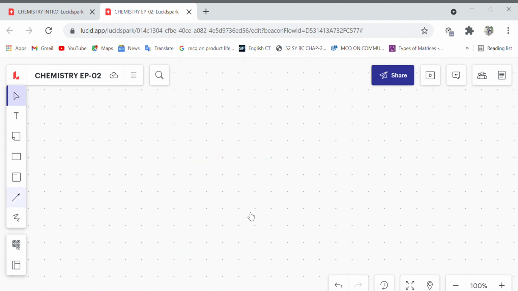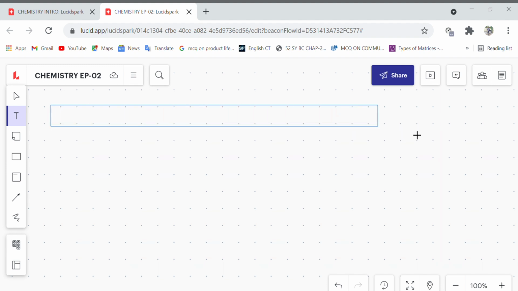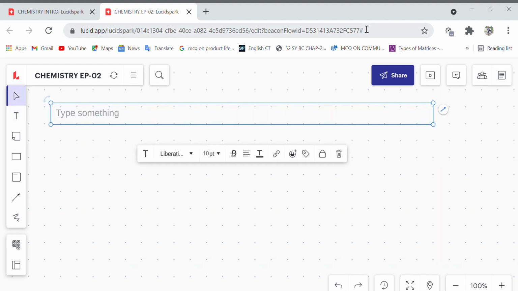I'll write it over here. So now we are going to learn about properties of acceptable solutions of Schrodinger wave equation.